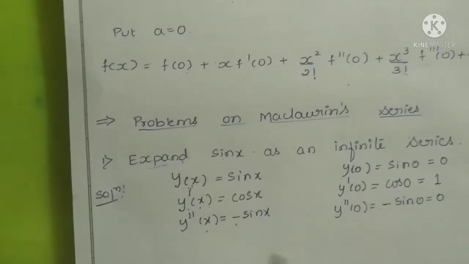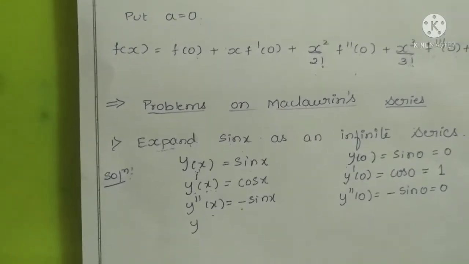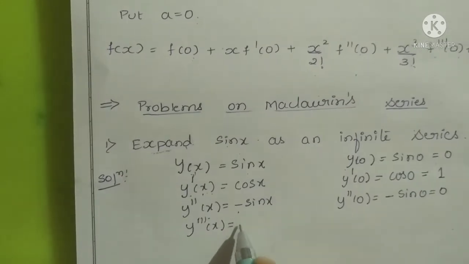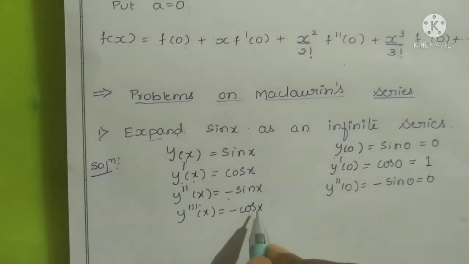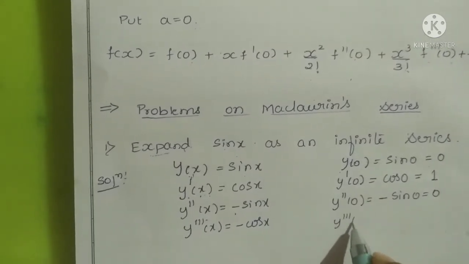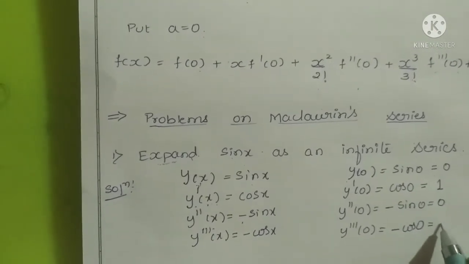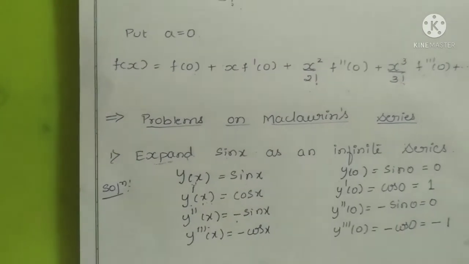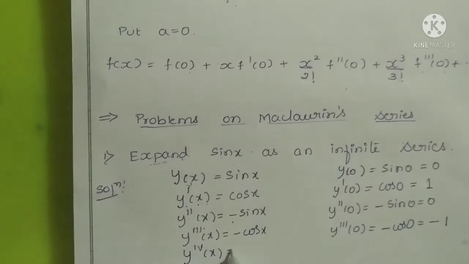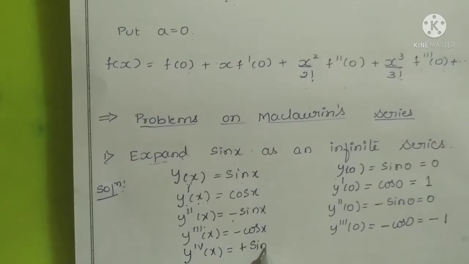Now further differentiation is required, so y double dash of x becomes y triple dash of x, and the differentiation of minus sin x is minus cos x. Y triple dash of 0 equals minus cos 0, that is minus 1. Further, the differentiation of y triple dash is y to the power of 4 of x equals minus of minus, that is plus sin x.